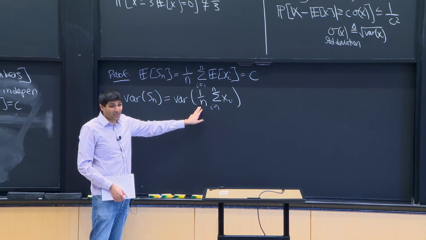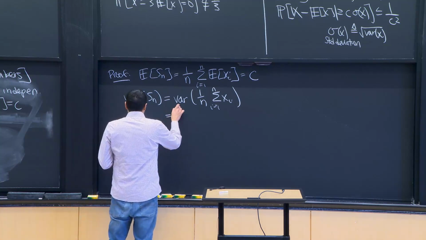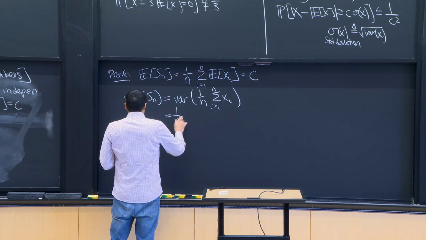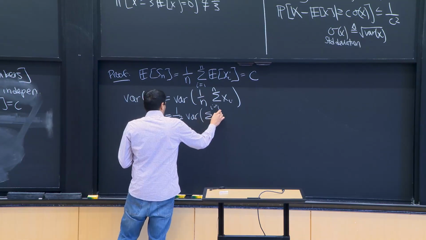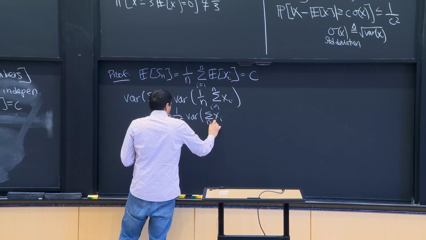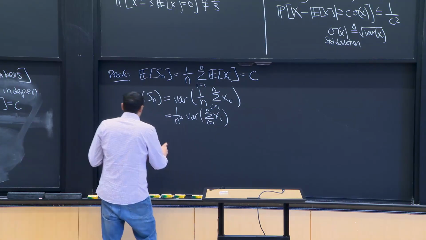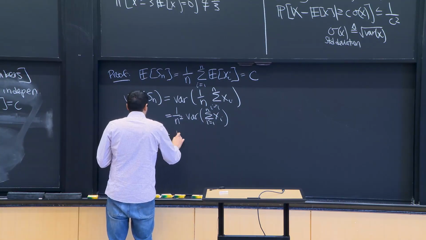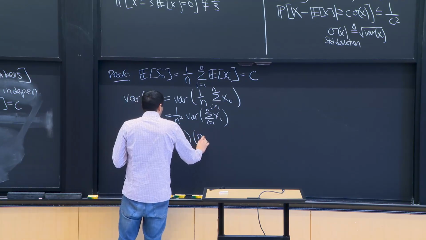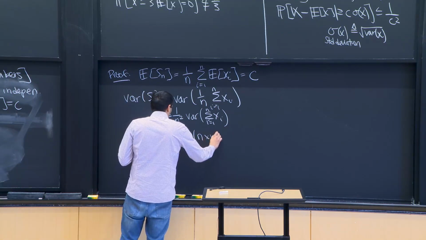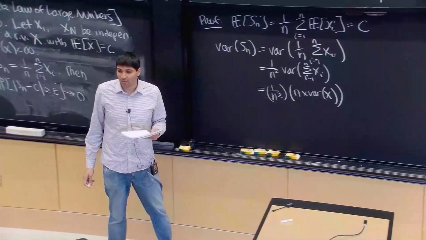Because I'm taking the expectation of some quantity squared in there. So this is the same thing as 1 over n squared times the variance of the sum of the xi's from i equals 1 to n. And now the main trick is that I claim that this is equal to, I'll carry through my 1 over n squared, n times the variance of each of these random variables x.